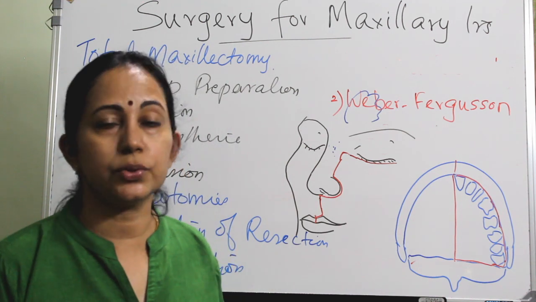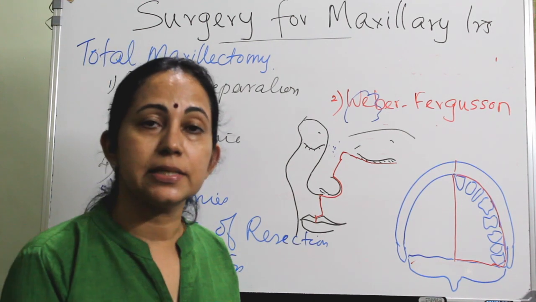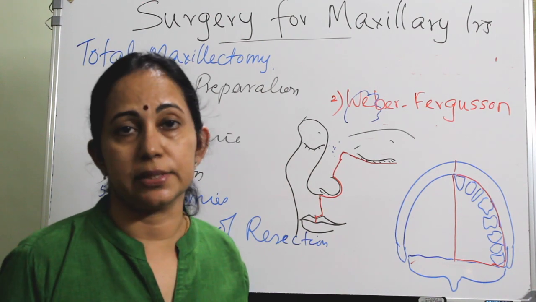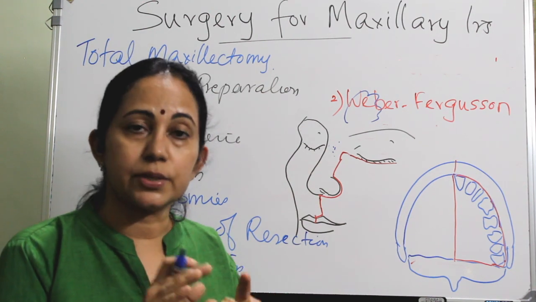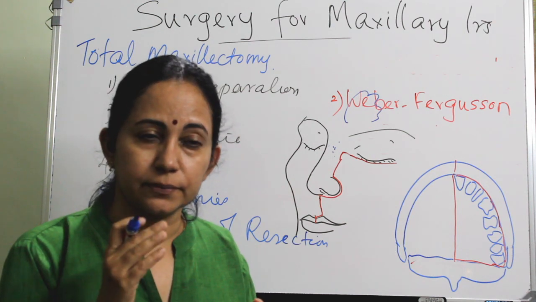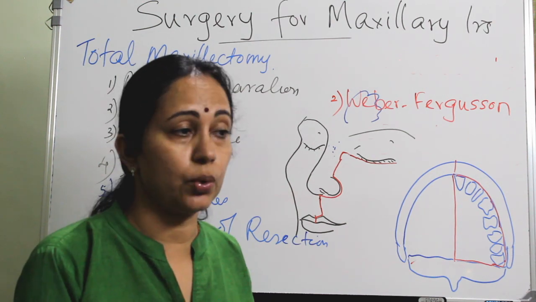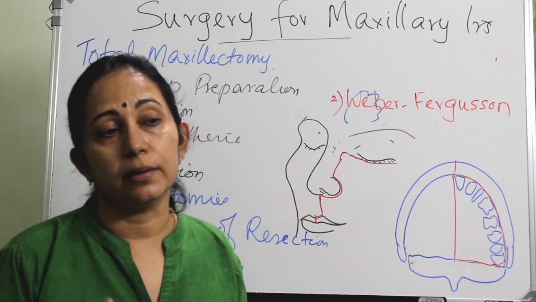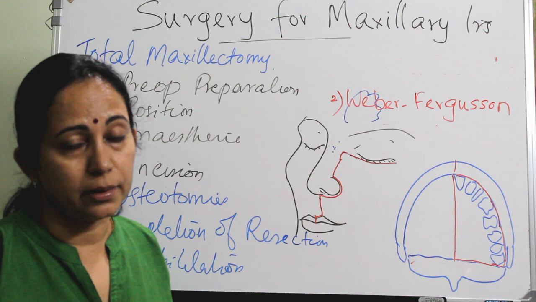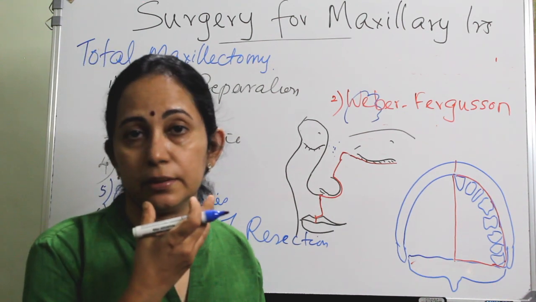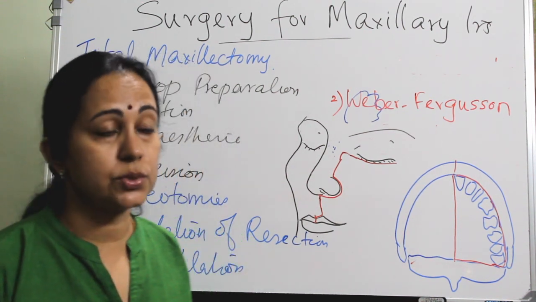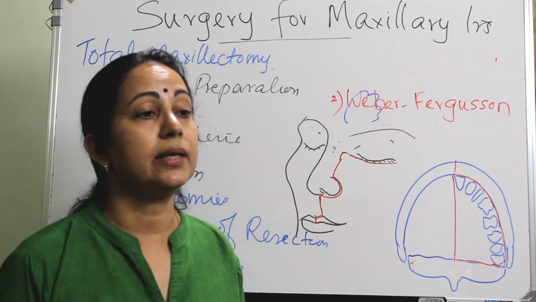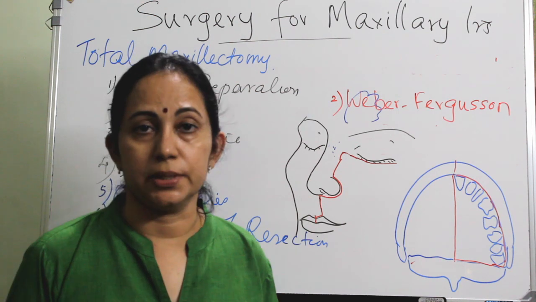In order to avoid that, we keep a temporary prosthesis at the time of closing the cavity itself, and the patient has to be followed up after 14 days, and the temporary prosthesis has to be replaced periodically as per the healing of the cavity. This has to be continued many times. Okay, it has to be followed up until a well-healed cavity is obtained.